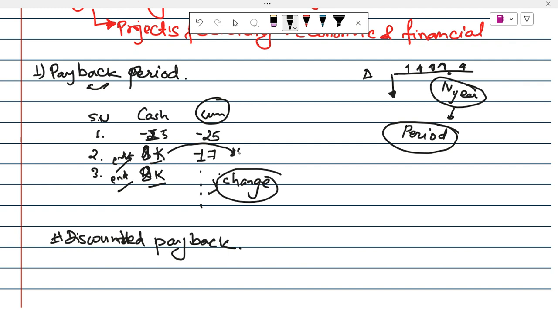This is done by dividing by 1 plus i to the power of n, where i is the interest rate and n is the year. The original 8k is converted into the present value. This future value is converted into the present value, and then cumulative addition is done.